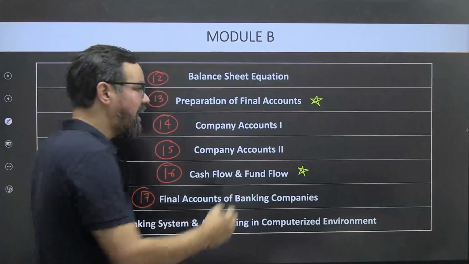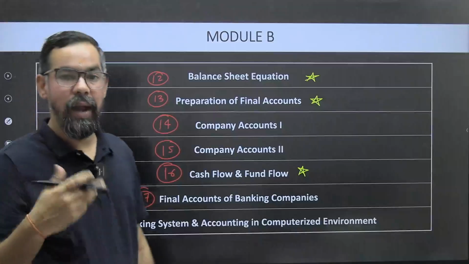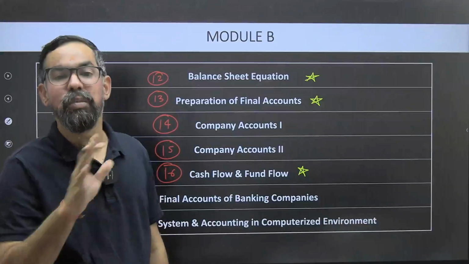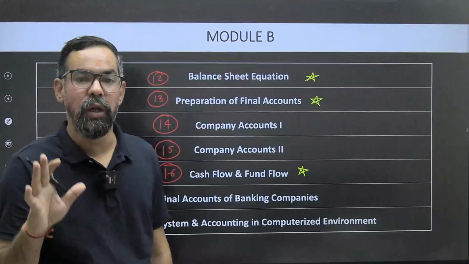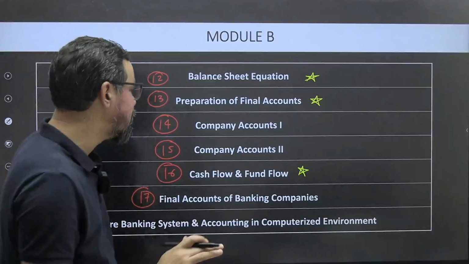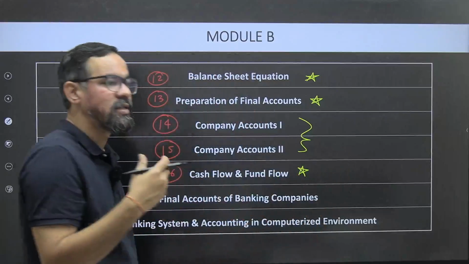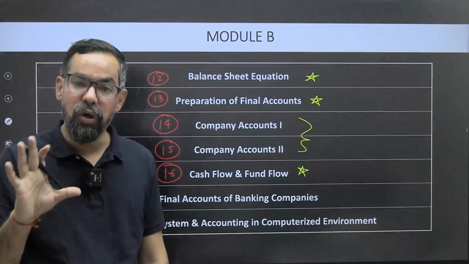Balance sheet equation, where they'll give you some questions around entries and how those entries change the overall position statement around the assets, equities, and liabilities. Company account 1 and 2 are mostly theoretical in nature, with some areas related to the book building process.